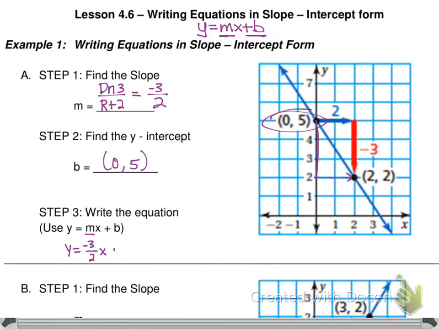Since it's positive, I'm going to do +5. If it's negative, then I can do a -5. And that's it. Let's move down to the next example. Before we do, if you need to take a minute and rewatch that, go ahead and rewind.